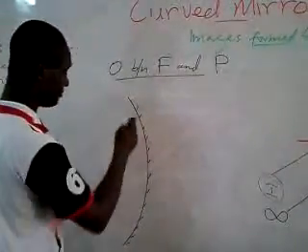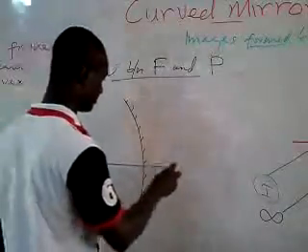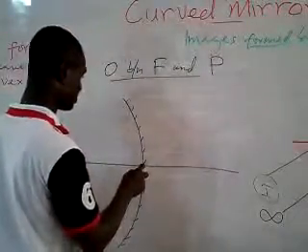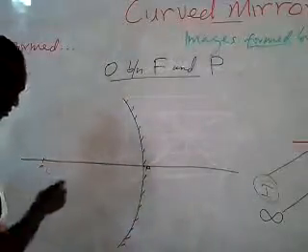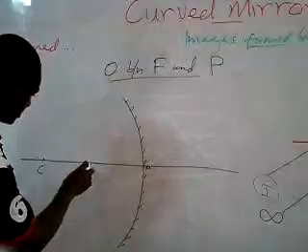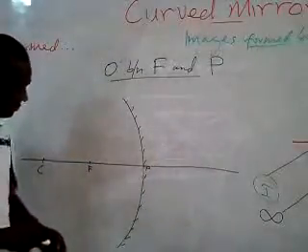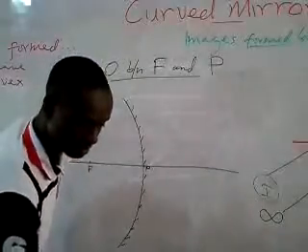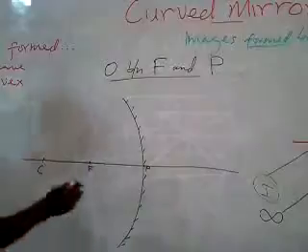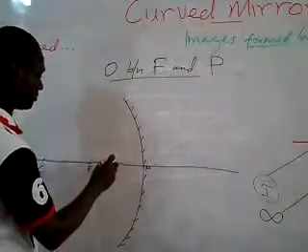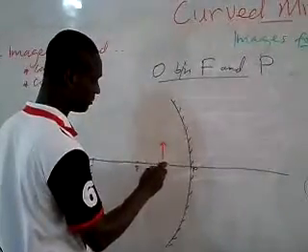I draw my principal axis, P, and here the center of curvature, and we call the principal focus, capital F. This time round, the object is now between F and P.